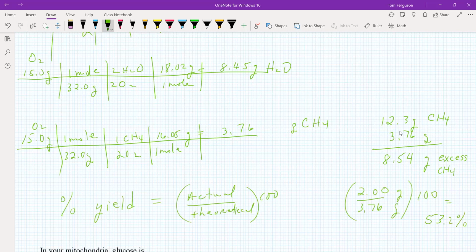So 53.2% yield. So actual is what we actually weigh when we're all done with doing our little experiment. Theoretical is from the calculations. And that's one problem.